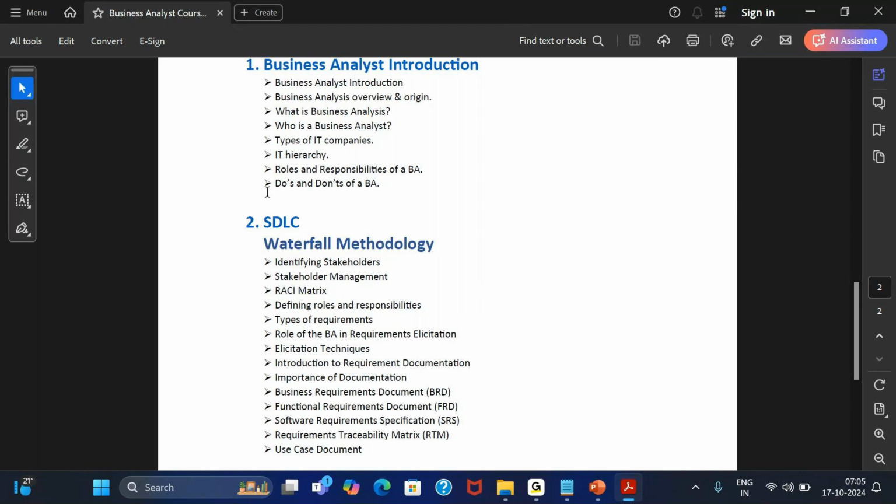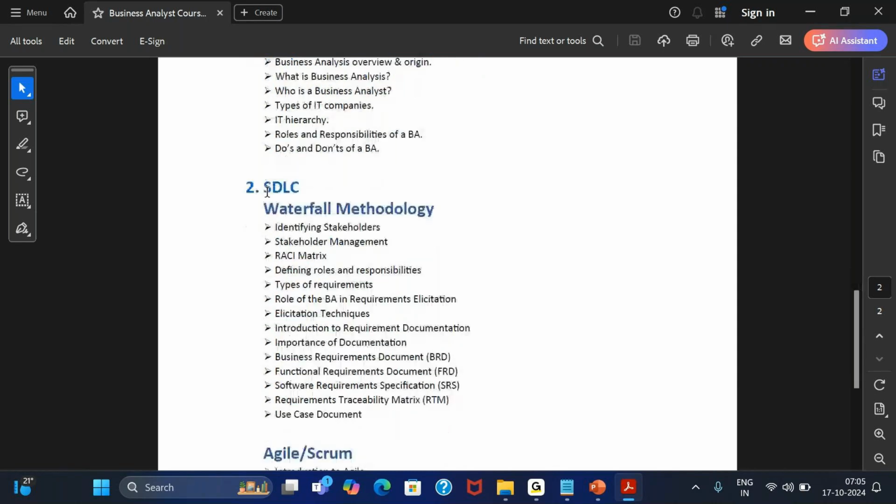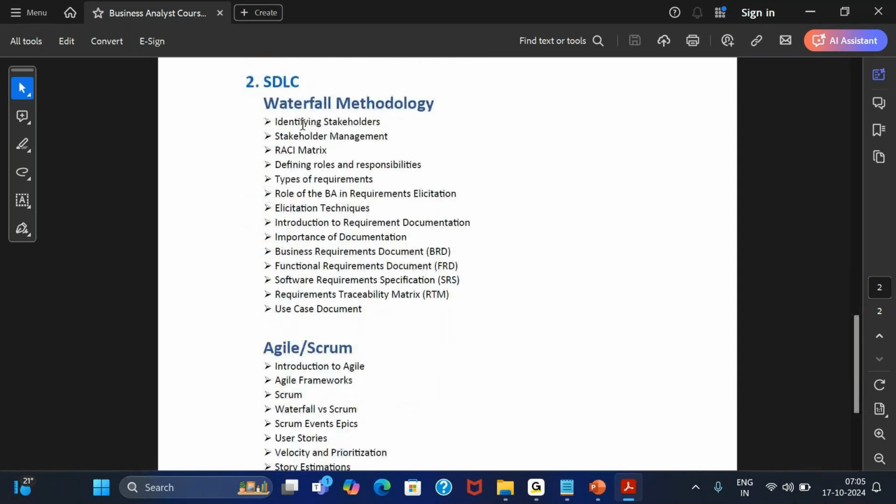So once we build our basics with respect to the IT industry, team structure, SDLC software development life cycle, and roles and responsibilities of a BA, then we move on to more advanced topics. Take for example the waterfall methodology and what key activities you will be doing within that.